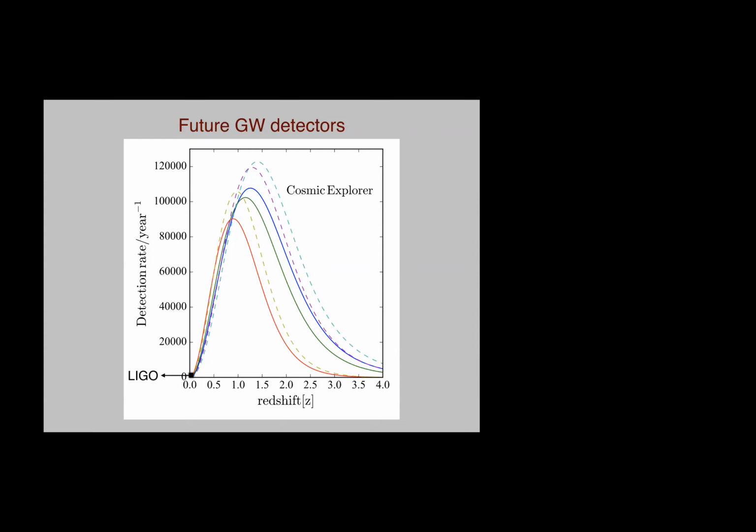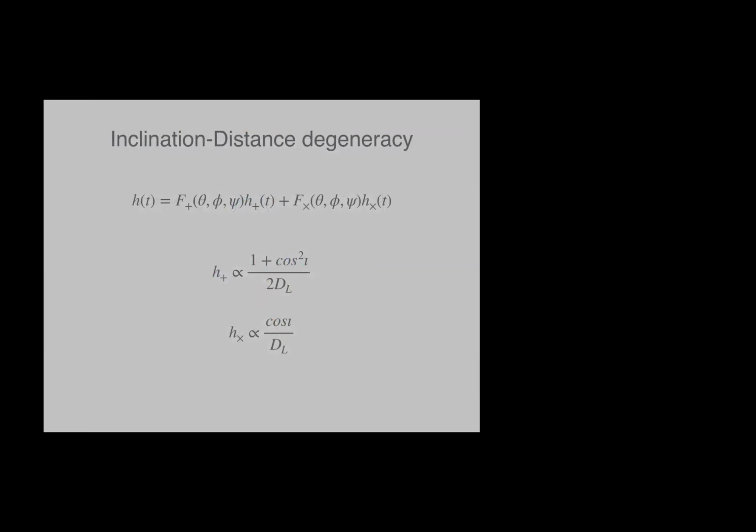So now, it is not actually easy, even with these telescopes, to map out the merger history of binary neutron stars. And the reason is that there is an inclination-distance degeneracy. So if you want to know the redshift of a source, you need to know its luminosity distance, which we show here by dL.